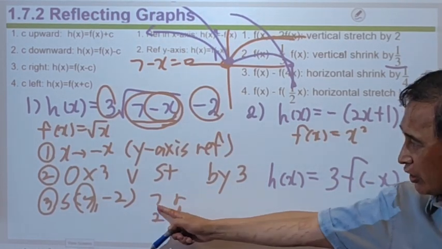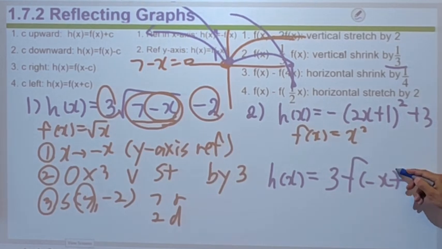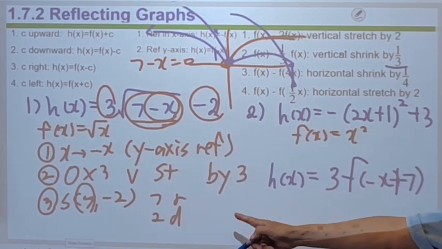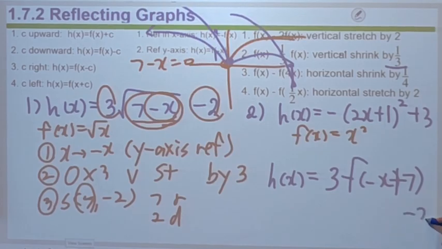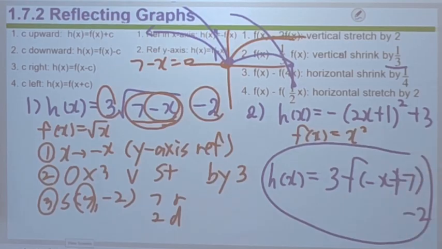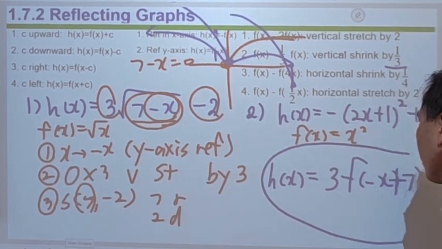And then 7 units to the right, that means making it 0, right? So then plus 7 you should do, then x becomes 7, right? And outside 2 down, that kind of transformation there. From f of x, you can write it this way. Okay, that kind of transformation there. Everybody understand? Let's practice one more.